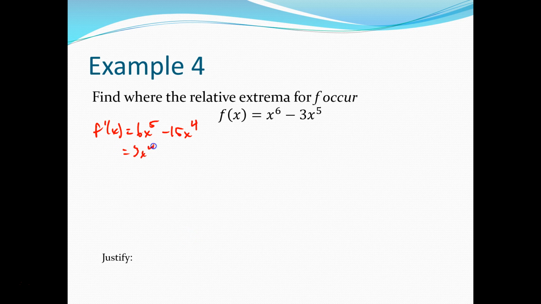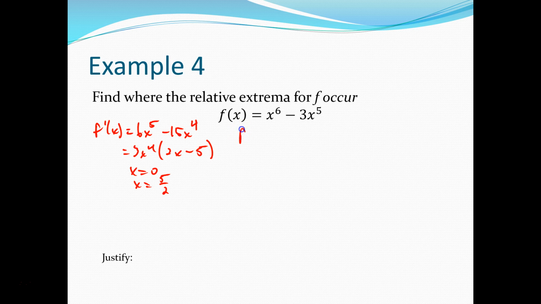So I have 3x to the 4th multiplied by 2x minus 5. So it looks like our spots are going to be at 0, where I have a horizontal tangent line, and also at x equals 5/2. Those are two spots where we're going to have horizontal tangent lines.